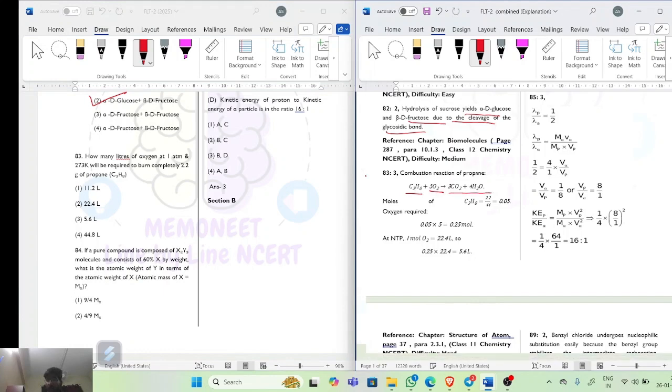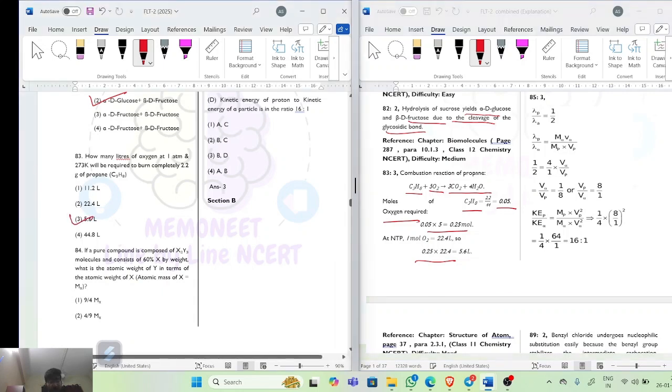Now we will calculate moles of C3H8, which is 2.2 divided by 44, comes out to be 0.05. Now oxygen required will be 0.05 into 5, which is 0.25 mole. Now at NTP we note that 1 mole of any gas contains 22.4 liter. So 0.25 into 22.4 gives 5.6 liter. Means option number 3 is our correct answer.